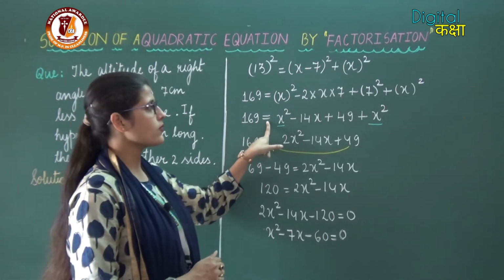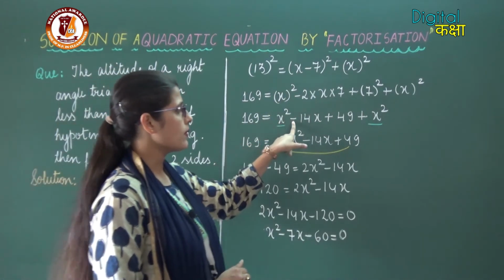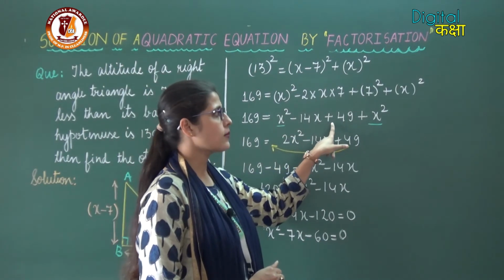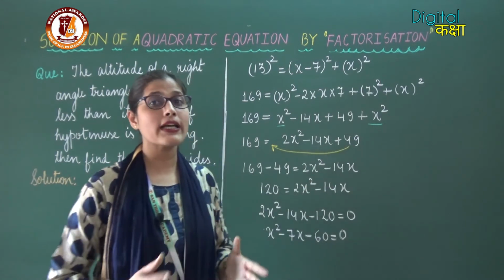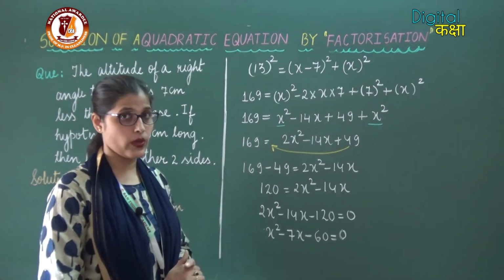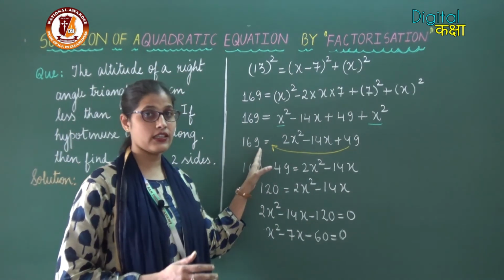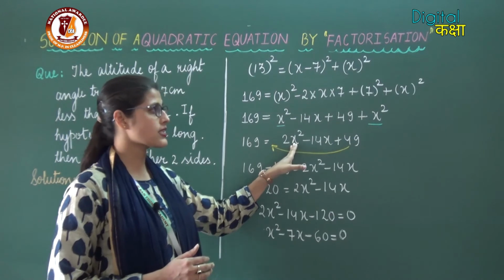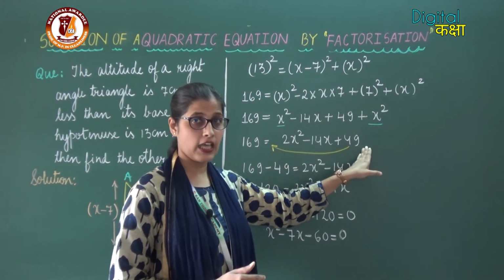Now 169 will be equal to x square minus 14x plus 49 plus x square. We will collect the like terms, which is x square plus x square. So we will get 169 equals 2x square minus 14x plus 49.